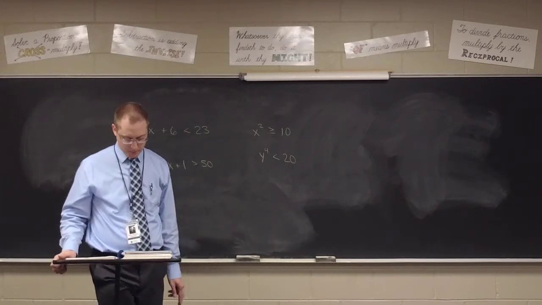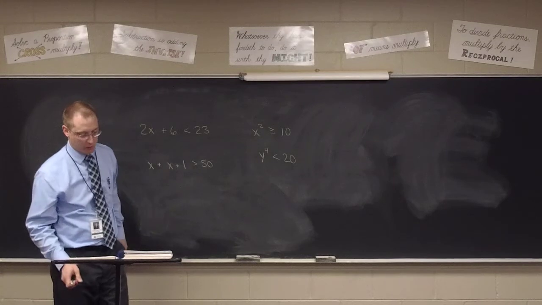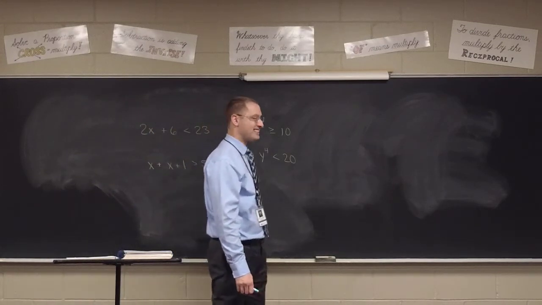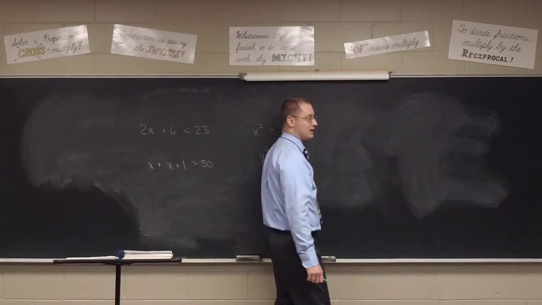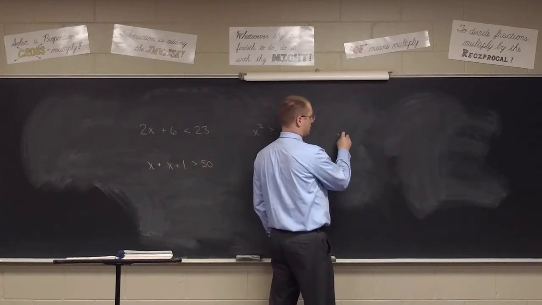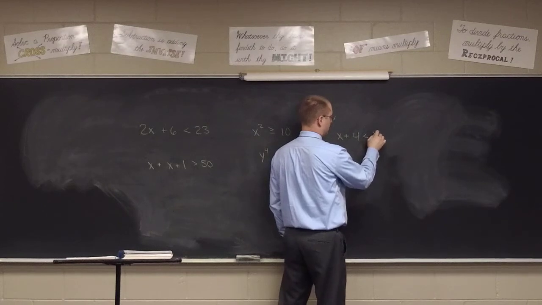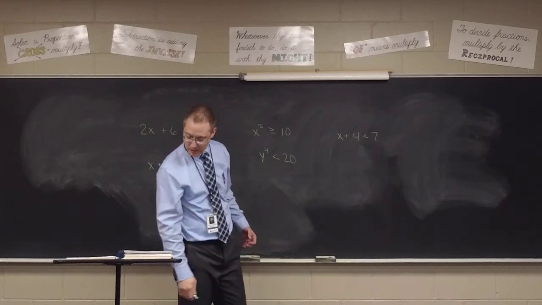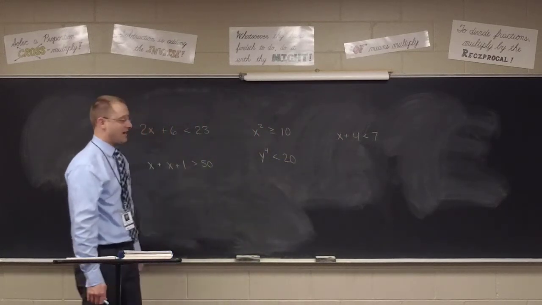Look at number 31. The sum of a number and 4 is less than 7. How would we write that? Brecken, when you've got it. Yeah, x plus 4 is less than 7. Is 5 a possible solution, class? No, that'd be 9. 9's not less.